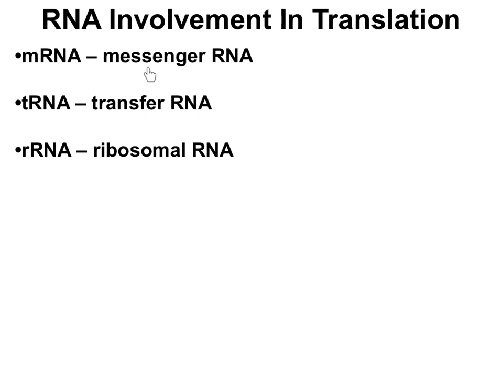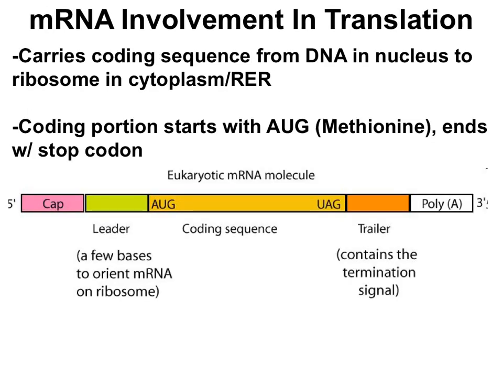There's mRNA, or messenger RNA, tRNA, or transfer RNA, and rRNA, or ribosomal RNA. mRNA is the RNA that we've been talking about so far in our transcription video. mRNA is the RNA that's made by transcription and those post-transcriptional modifications. The mRNA is the portable version of the gene that takes information from the nucleus to the ribosome.